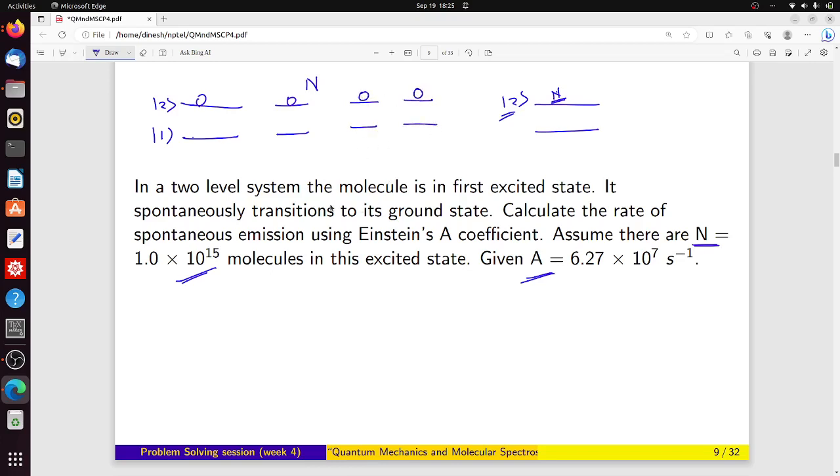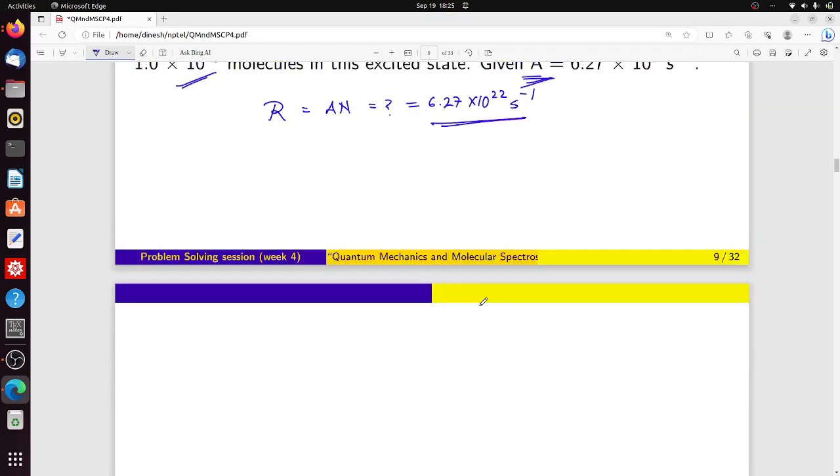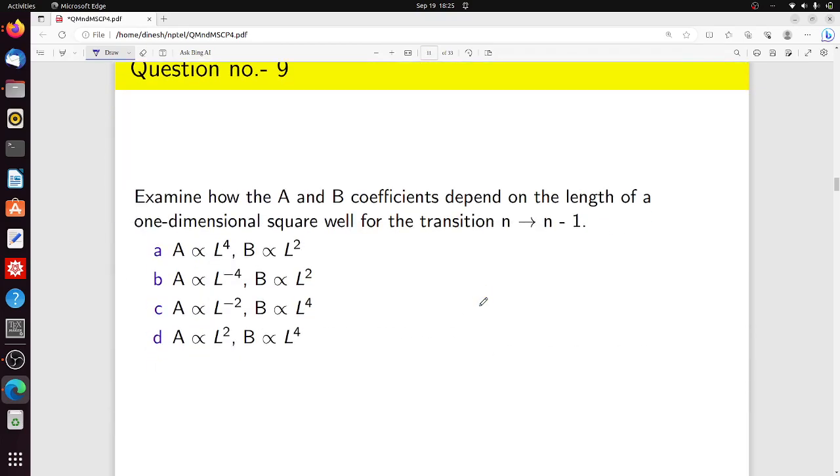The process is the same. You just have to multiply A and N, then give me the answer and tell me the rate. 6.27 times 10 to the 22 per second. Unit: per second, right? Okay, good.